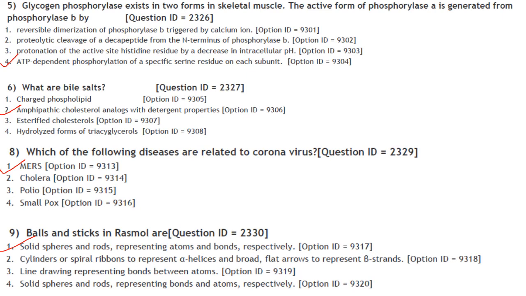Then, glycogen phosphorylase exists in two forms in skeletal muscle.